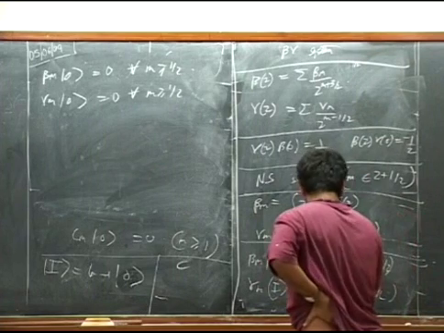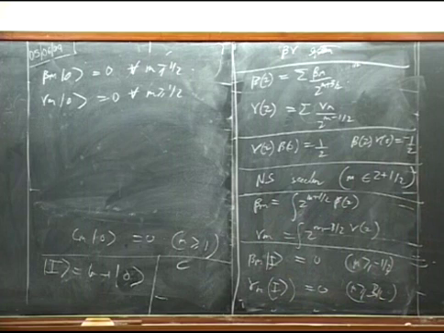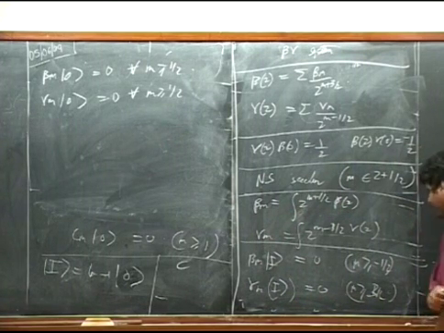So this is minus 3 by 2. This is m greater than or equal to 3 by 2. Excellent.